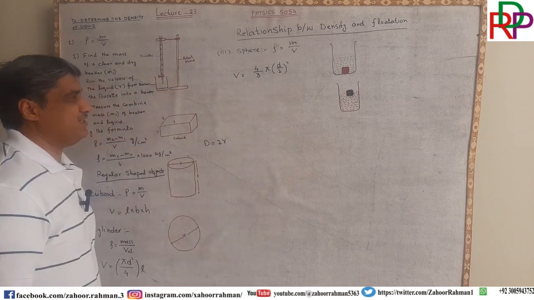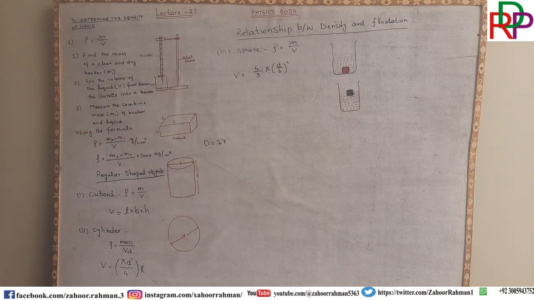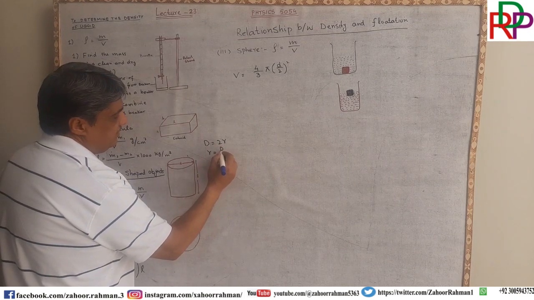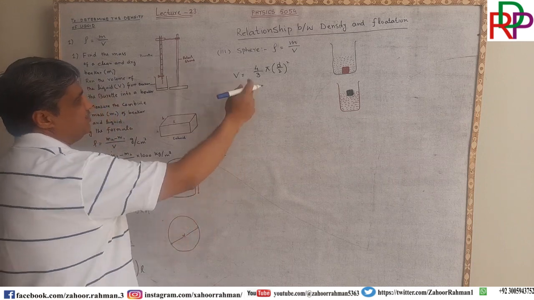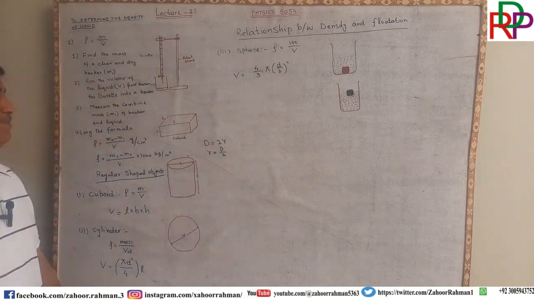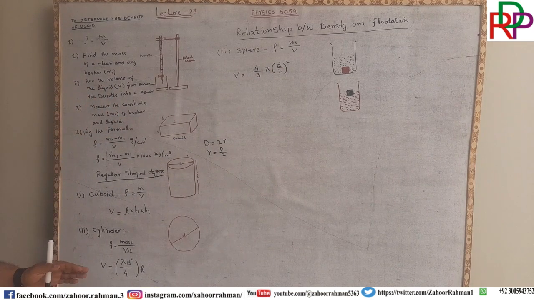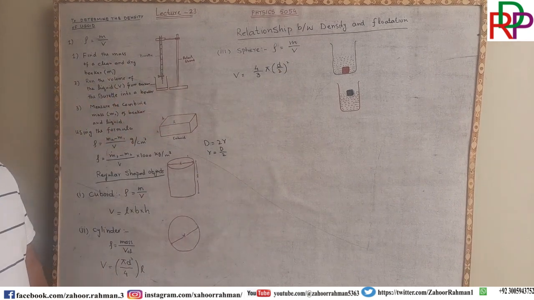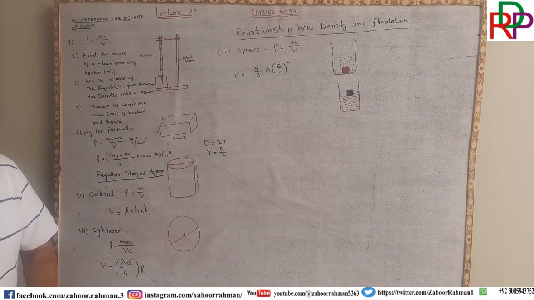Here you can write r square as well, because d divided by 2 is equal to r. So 4 over 3 pi r square. Then you have to find the r and double it, because what we need in the formula is the diameter.